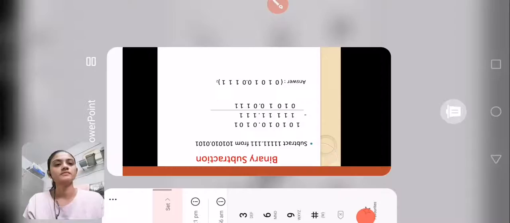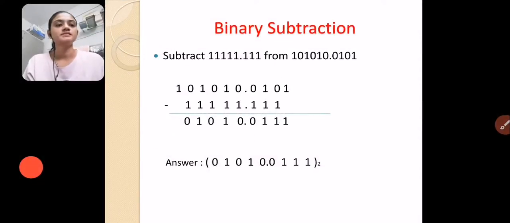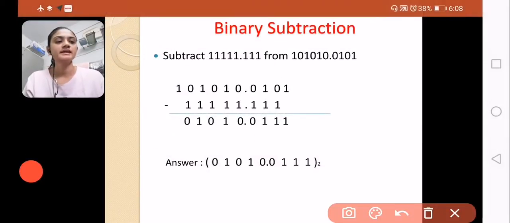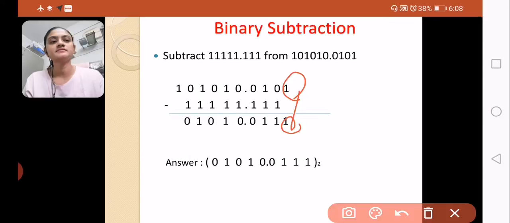So here let us start with that. Starting from the right hand side, this one is as it is. Next is 0 minus 1. You know the rules, borrow will be there, right? So here 1 becomes 0.